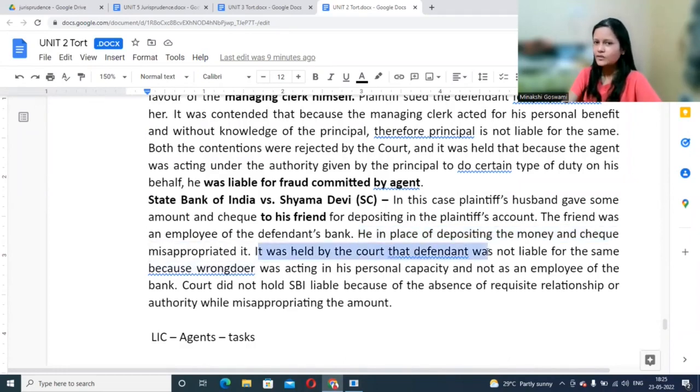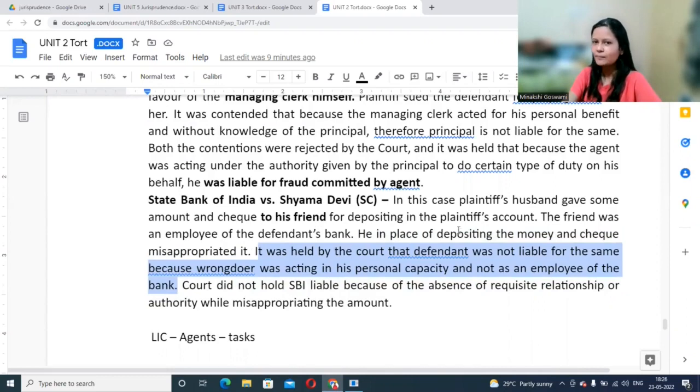It was held by the court that defendant was not liable for the same because the wrongdoer was acting in his personal capacity and not as an employee of the bank. While he misappropriated the money, while he took it, he was acting as a friend, right?